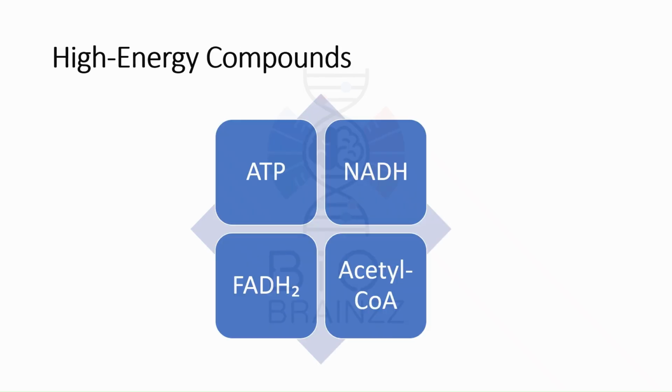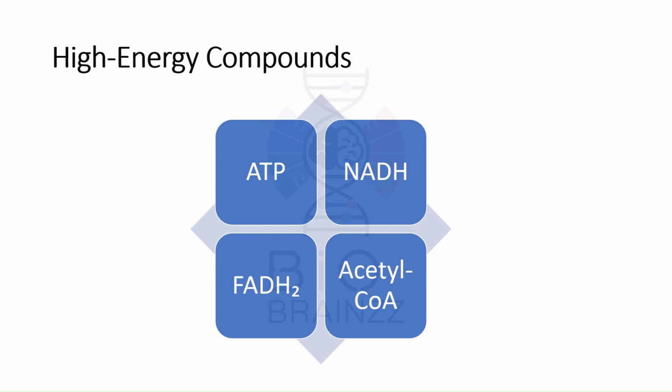In this slide, we are discussing high-energy compounds, which play a crucial role in cellular metabolism. These molecules store and transfer energy required for various biological processes. The most important among them is ATP, but there are other molecules also involved.